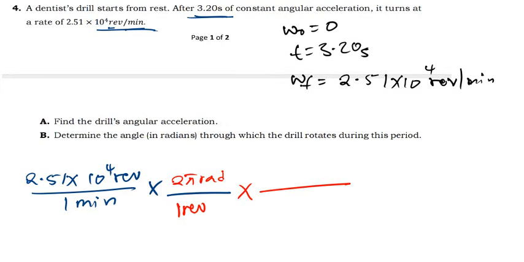Now revolution and revolution will go. Again I need to cancel minutes. In 1 minute, how many seconds do we have? We have got 60 seconds. So minutes and minutes will cancel. You get your calculator. You say 2.51 times 10 to the power 4 times 2 pi.